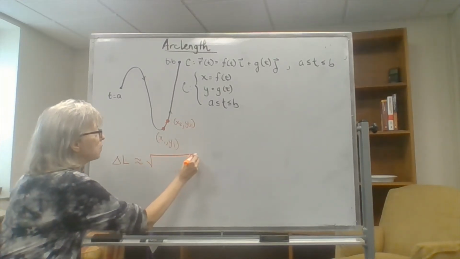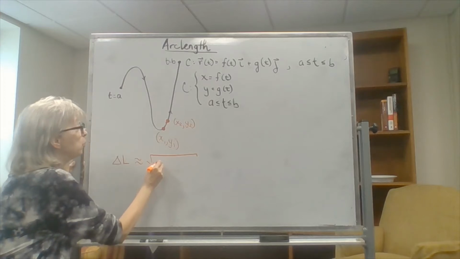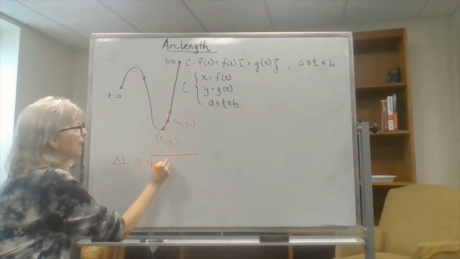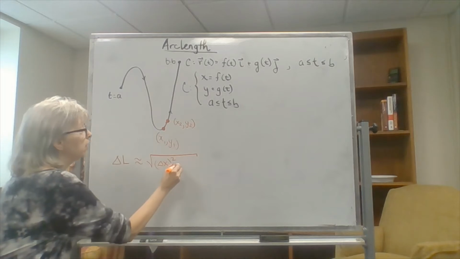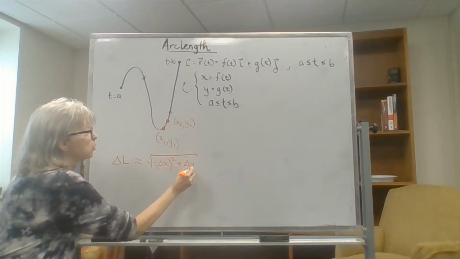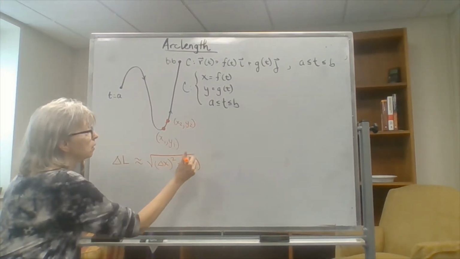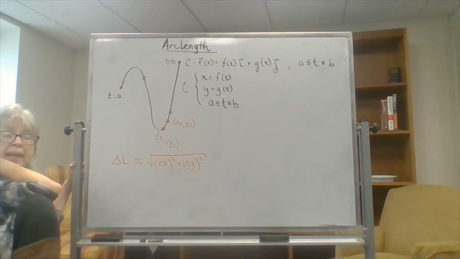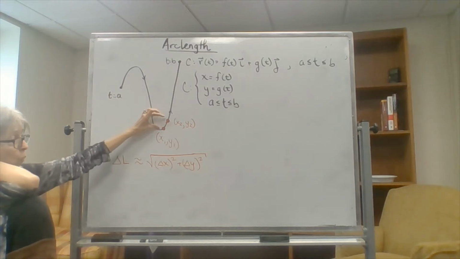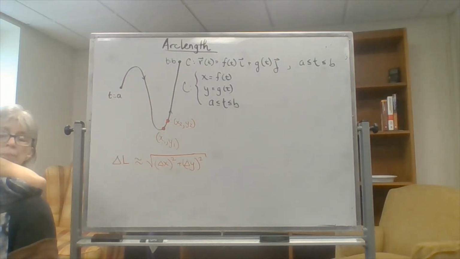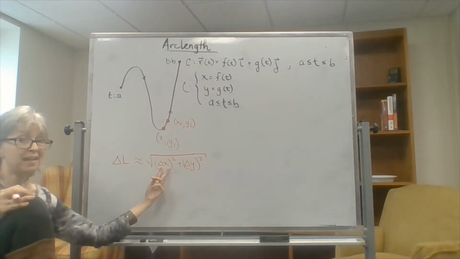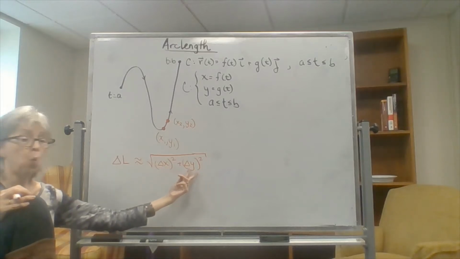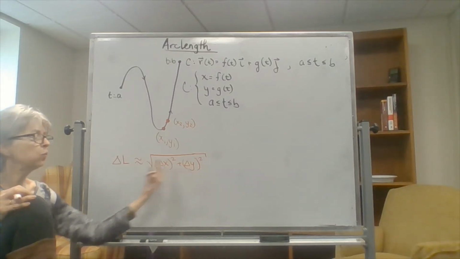So I can approximate that with the square root of the difference between the x values squared plus the difference between the y values squared. So I can approximate the change in the length of my curve from one point to another by looking at your standard distance formula. x2 minus x1, change in x. y2 minus y1, change in y.